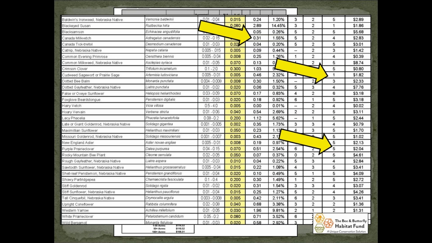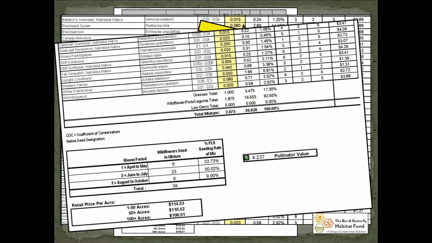Okay. I was very interested, and I'm going to look at his data set because they give a pollinator value as well. So what this does, and this is the kind of thing that you want, not only does it give you the typical information, what bloom period, seeding rate, and all that kind of stuff, but at the end, you get a score, a pollinator value for your mixture. If you're not getting this kind of information, you might just be shooting in the dark.